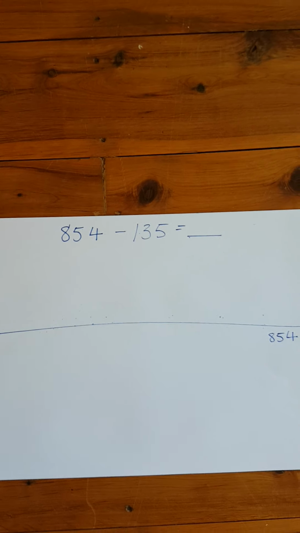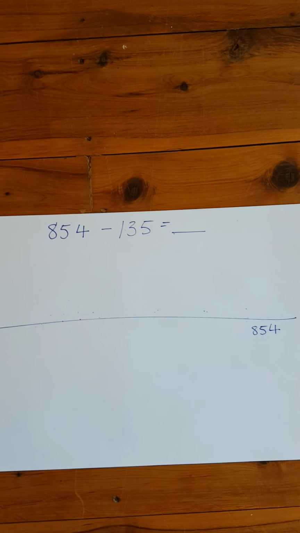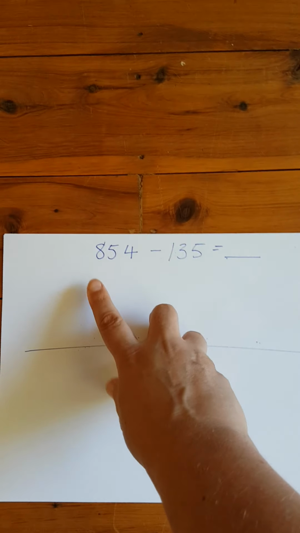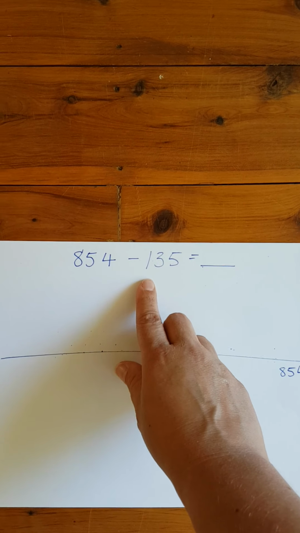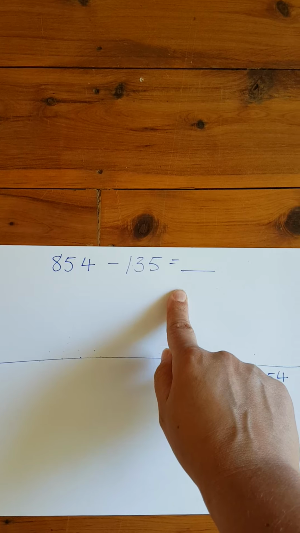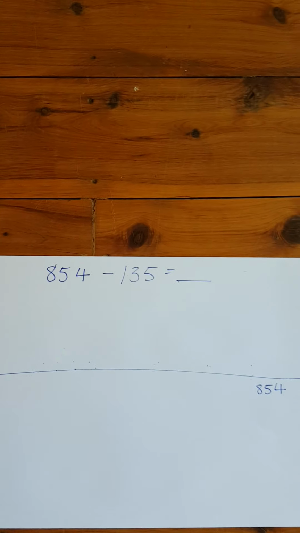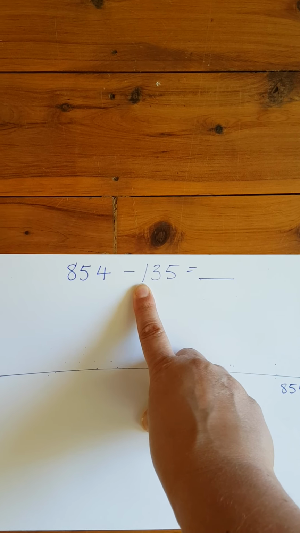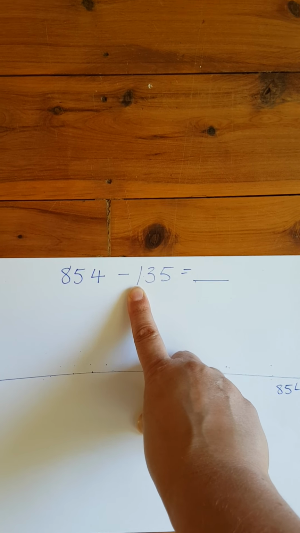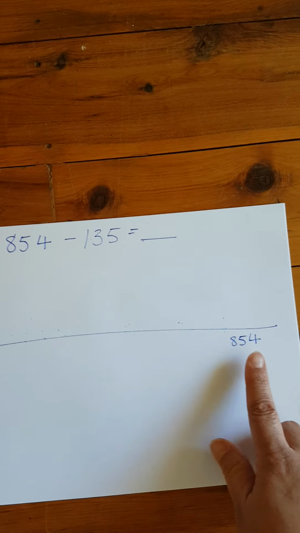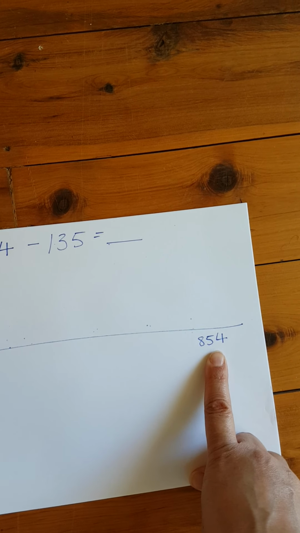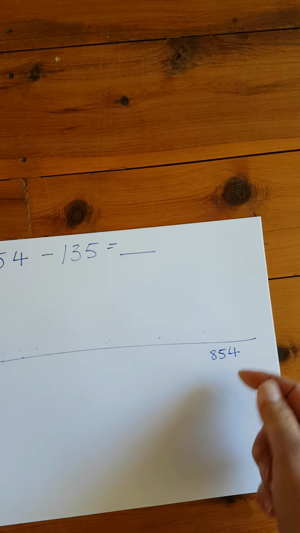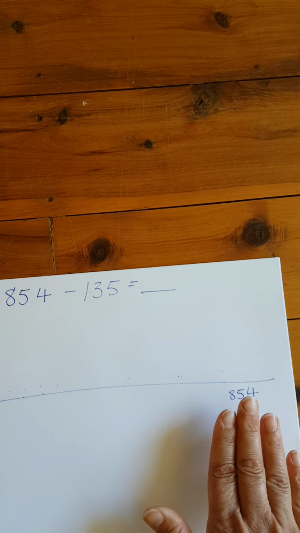The jump strategy can also be applied to larger numbers, such as 854 subtract 135. It's exactly the same method. We're going to start with the largest digit value, which is the 1, which stands for 100. Once again, I've got my 854 on the right side of my page to remind myself I'm taking away.